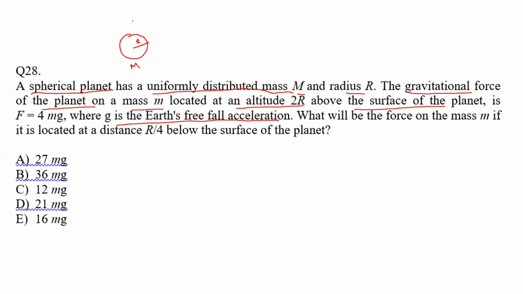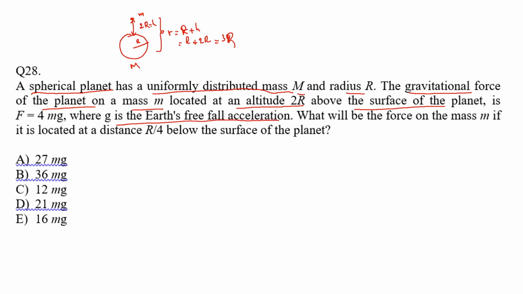Now I have an object here. It has a mass m, and the altitude, the distance from the surface, is 2r. That means the total radius, basically the radius of the orbit, is r plus h. So it will be r plus 2r, because this altitude here is h. This will give you 3r.